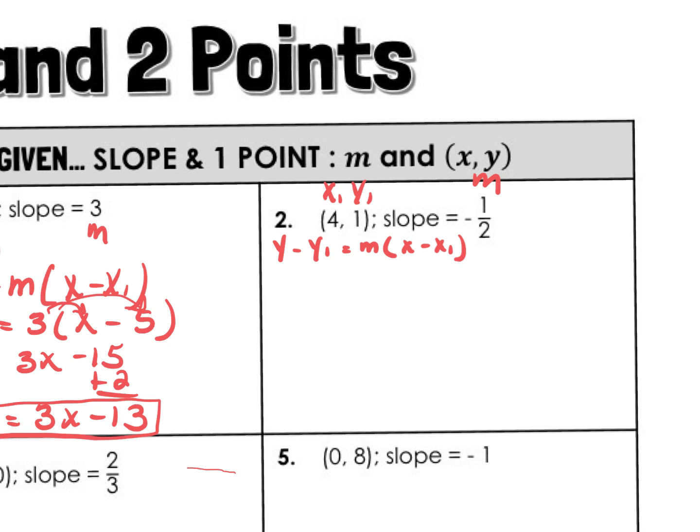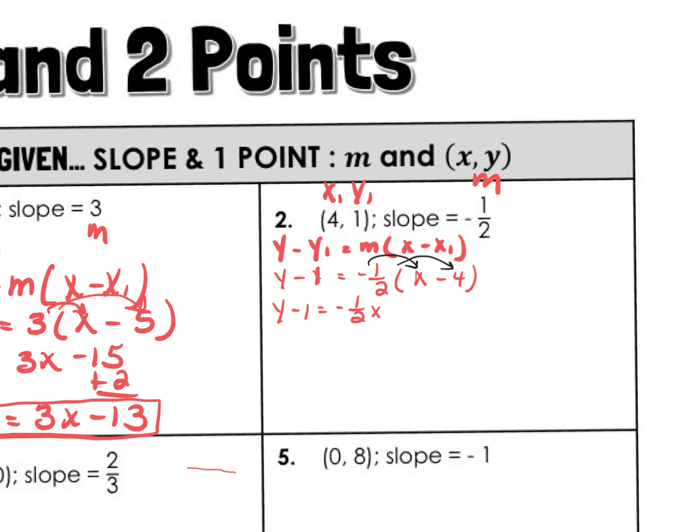And now we're going to plug in our values. So y minus y1 is 1 equals, the slope is negative 1/2, times x minus 4. Then we're going to do distributive property. So we have y minus 1 equals negative 1/2 x.